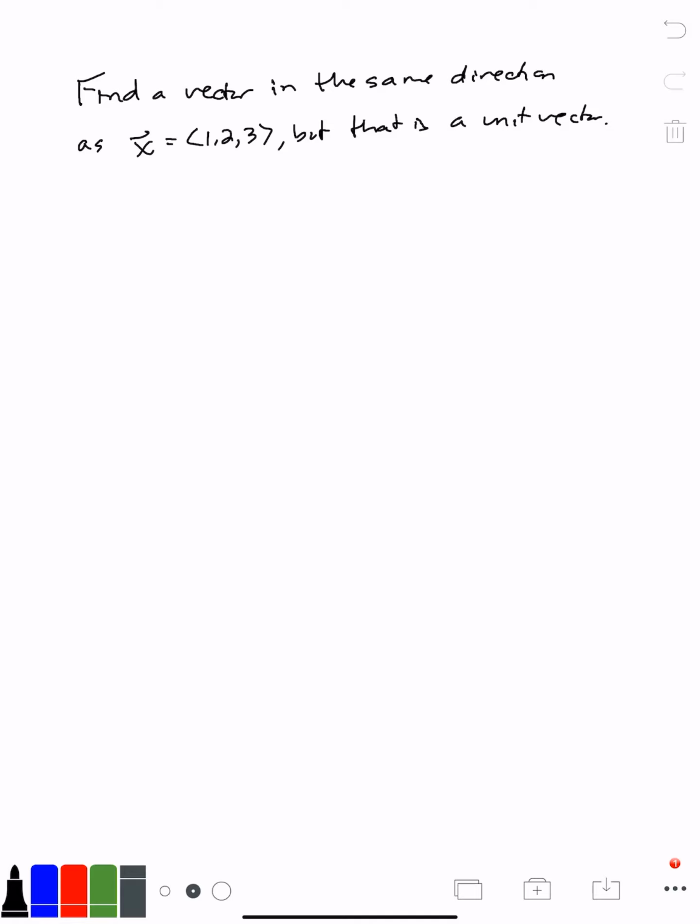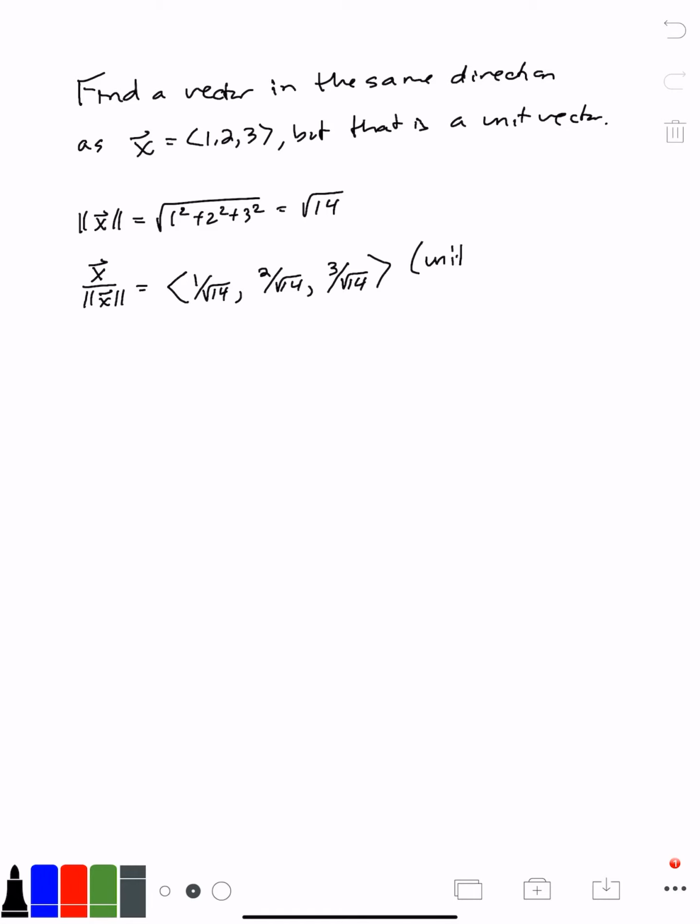So what we do is we first find how long the vector x is. That's 1 plus 4 is 5, plus 9 is 14. And then once we know how long it is, we can divide the original vector by that length. And what that is going to mean is that now my new vector is going to have length 1. And that's what a unit vector is.